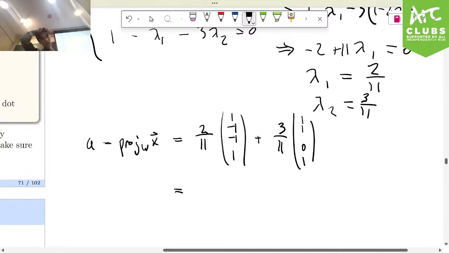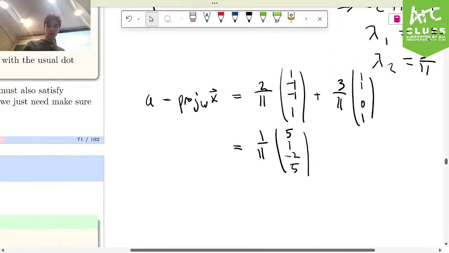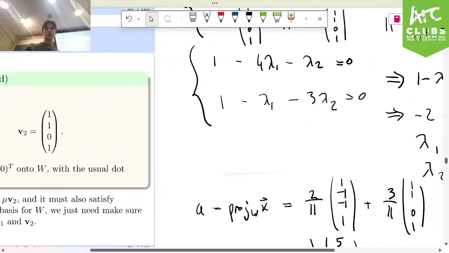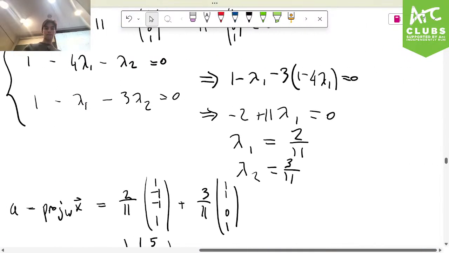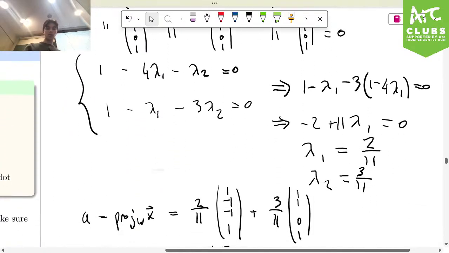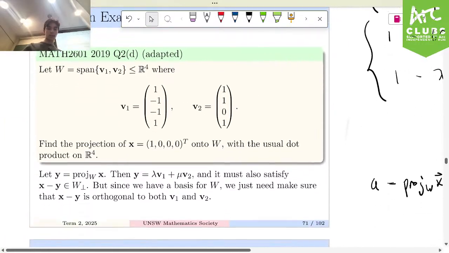And this is going to equal 1 on 11 times 5, 1, minus 2, 5, I think. I hope. And that's our answer. That's the projection of x onto W, right? So this kind of method should be pretty easily replicated for whatever form of question you get like this.